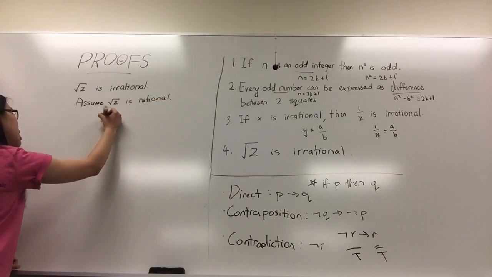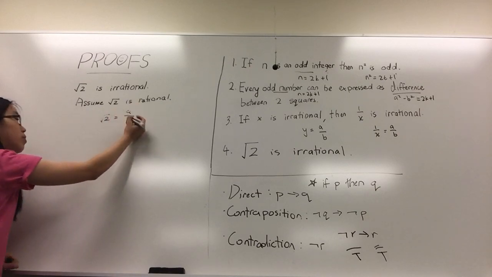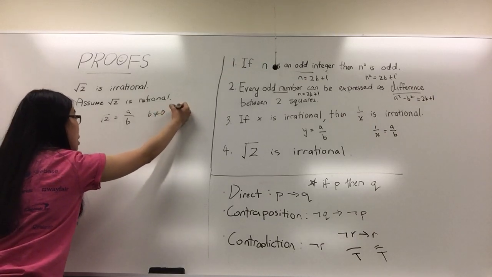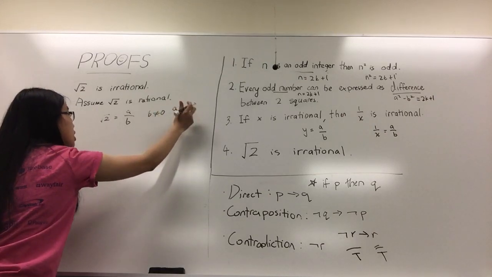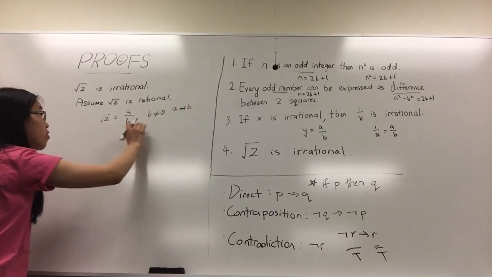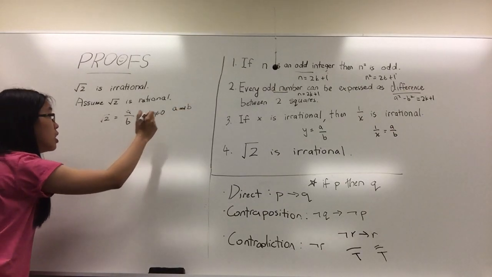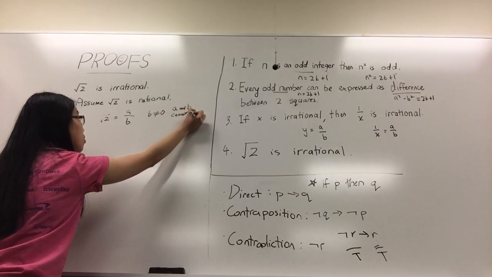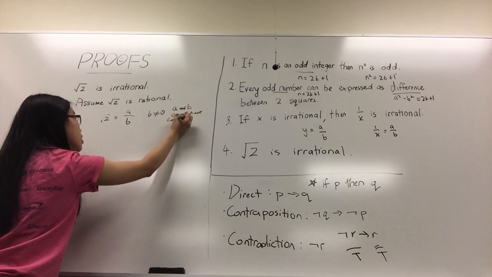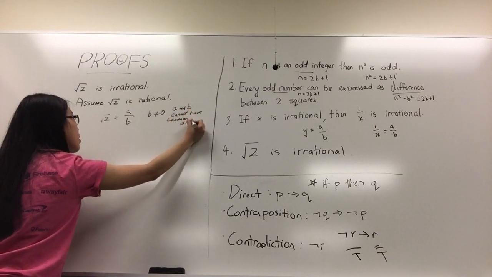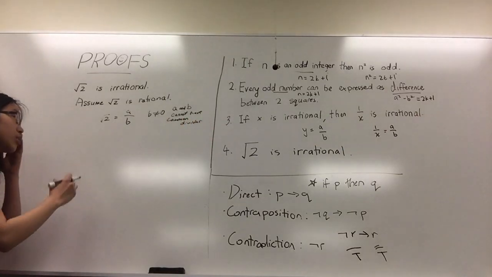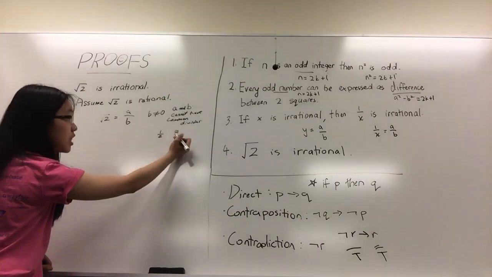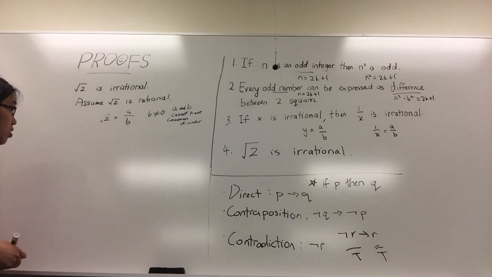It means that it can be expressed in the form a over b, but with some special properties. b cannot be 0, and a and b cannot have a common divisor. It's like how you would express a number as 1 over 2 instead of 2 over 4. Alright, so we have this right now.